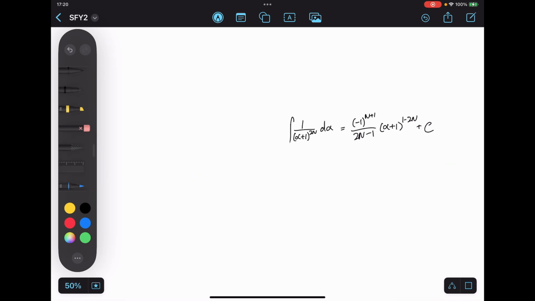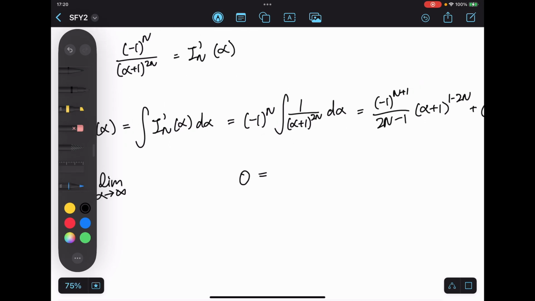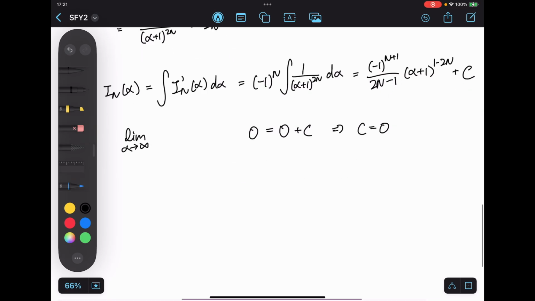So that's going to be 0 as well, and what we're left with is c equals 0. And so I sub n of alpha is actually just negative 1 to the power of n plus 1 divided by 2n minus 1 times alpha plus 1 to the power of 1 minus 2n.